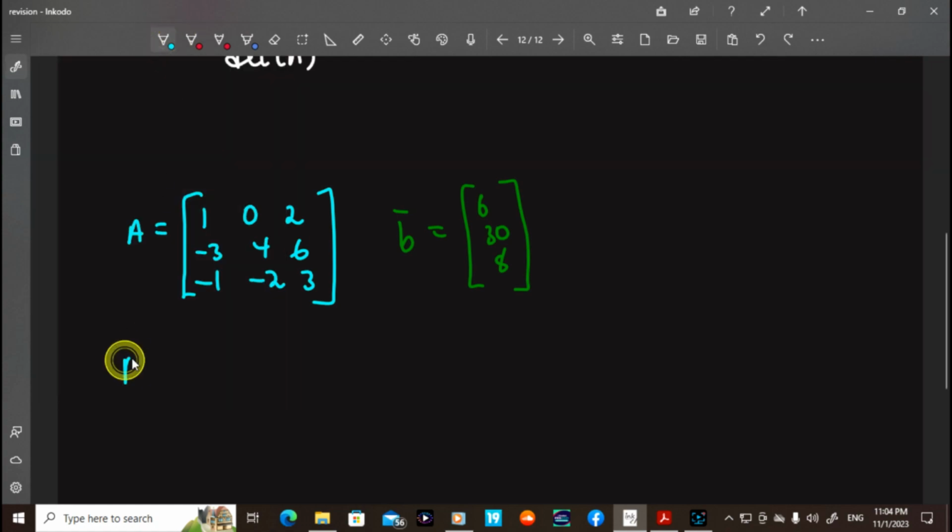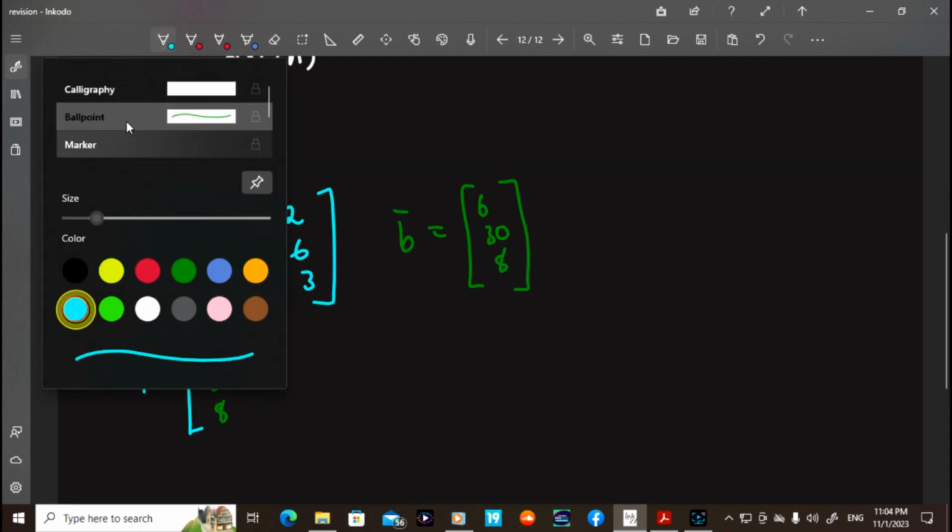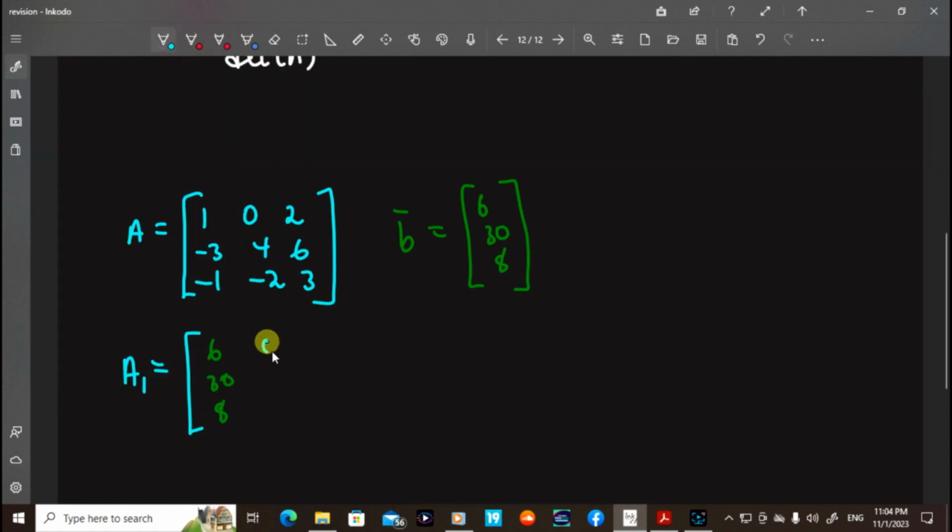So matrix A1 is, because we have replaced the first column, it will be 6, 30 and 8. And then these ones remain as they are: 0, 4, -2 and 2, 6 and 3.